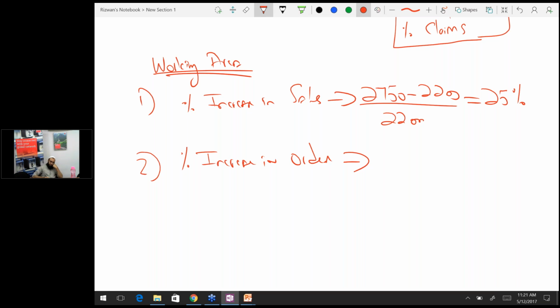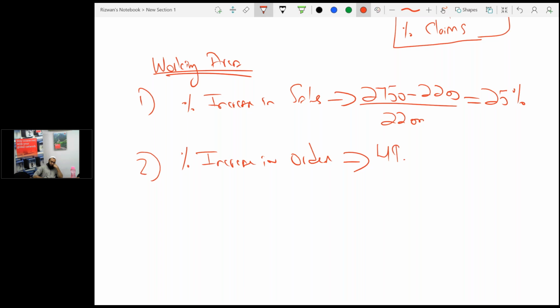The orders are 49.6 minus 40.636 divided by 40.636, and the answer that we get of the percentage increase in orders will be, I think, 22%. Guys, is this clear up till now? 22%.